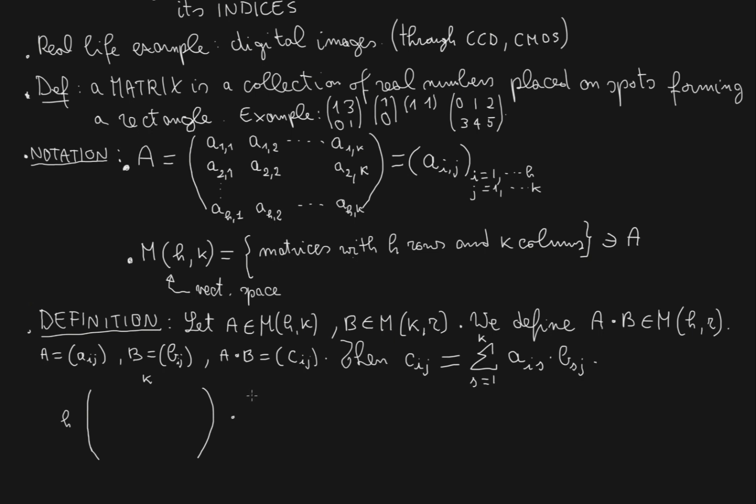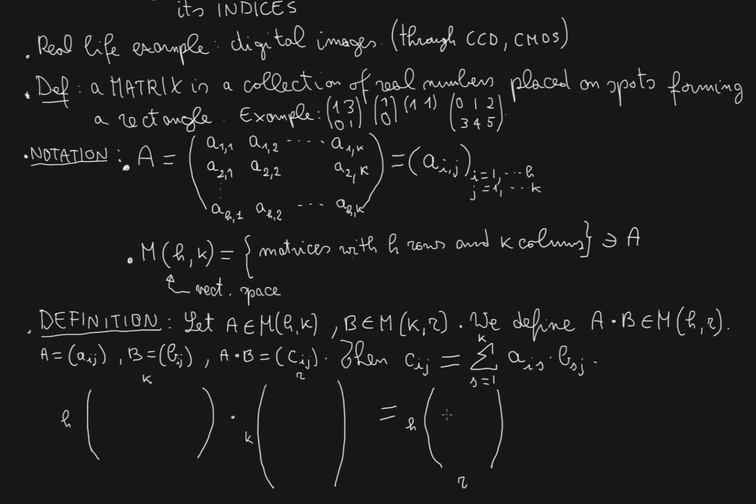So we multiply this on the right by a matrix B that belongs to MKR, so there will be K rows, and the number of columns may or may not be greater than K. Let's say like this, this will be R. So this product will be a matrix that dimension-wise will have the same number of rows as A, so H, and the number of columns of B, so R.